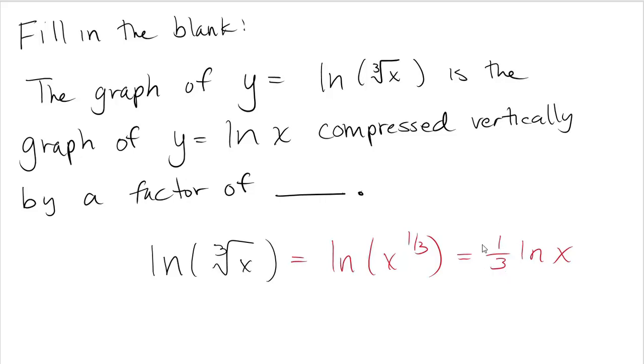When you multiply by a number between 0 and 1, that's a vertical compression of the graph, and it compresses it by a factor of 3. All of the y coordinates get multiplied by 1/3, but that's a compression by a factor of 3. Without this property of logarithms, it would have been difficult to see how to graph the natural log of the cube root of x. Now it's just a vertical compression.